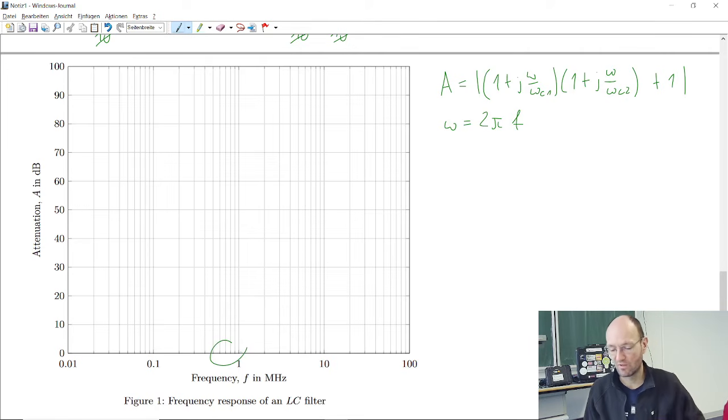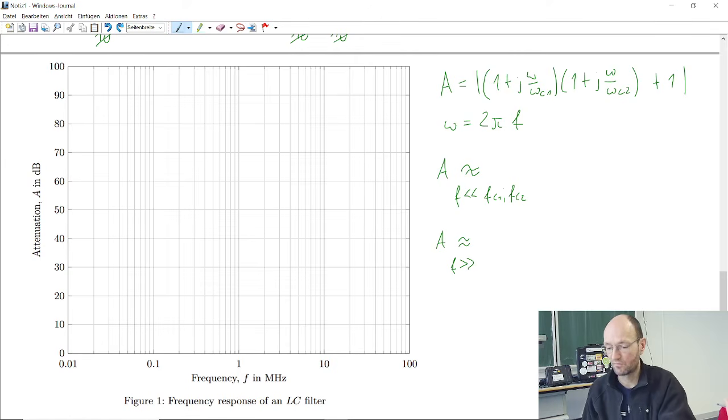So it might be interesting to take a look at how we can approximate this A if we have frequencies that are much smaller than these corner frequencies. And for sure, it would be interesting to approximate this A for frequencies that are much larger than these corner frequencies.